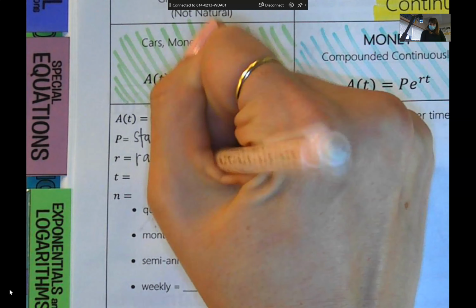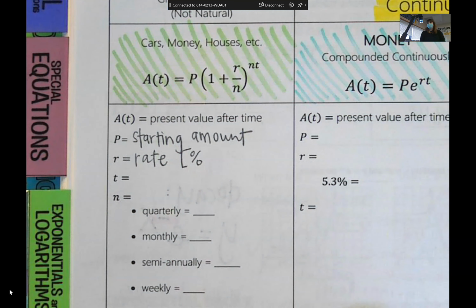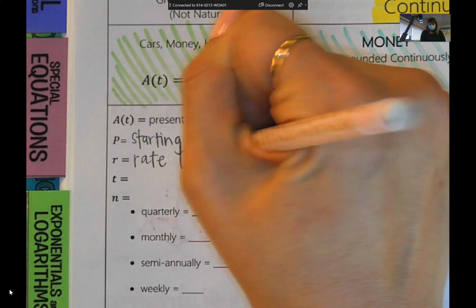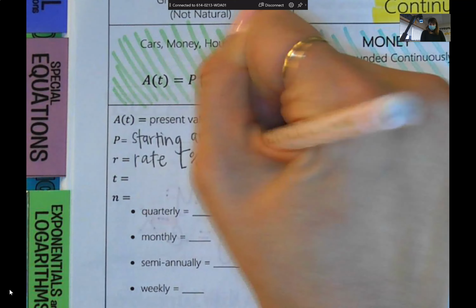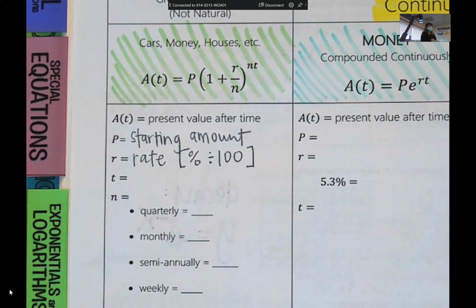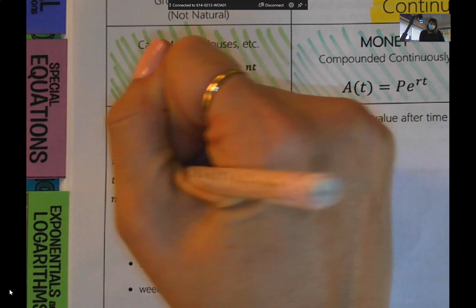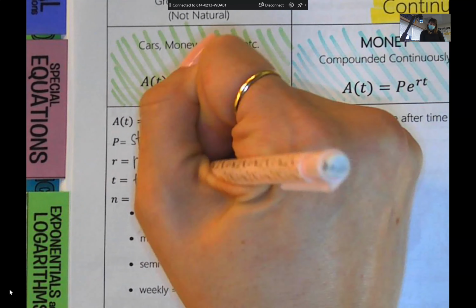R is your rate, and it's often given to you as a percent. So if it's given to you as a percent, you need to divide it by 100 to get the decimal. So R is the rate at which it grows or decays. T is time, how much time has passed.